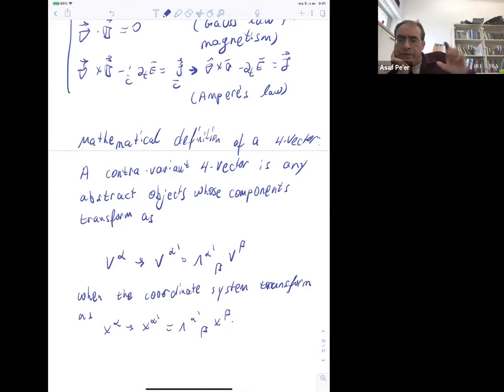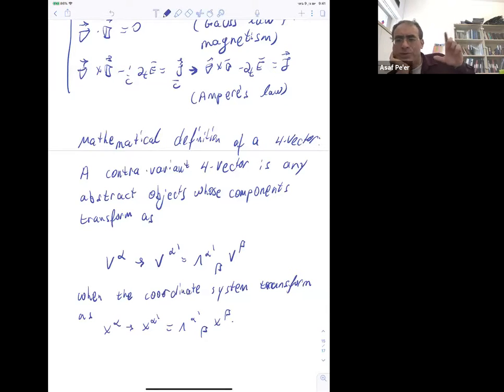So when we make a transformation from one coordinate system to the other, so two different observers sitting in two different inertial frames, the coordinates of the vector as described by each observer change. But the vector itself, being an abstract entity, nothing happens to the vector. It's something which takes a little bit of time to digest. The vector is abstract.